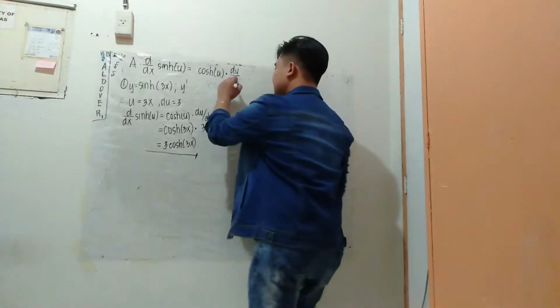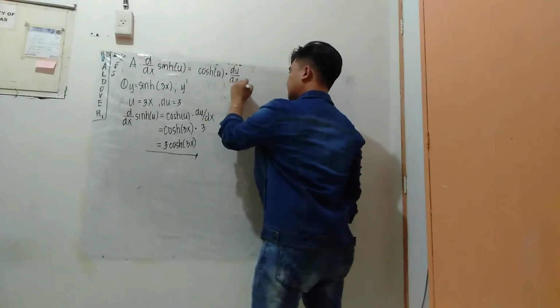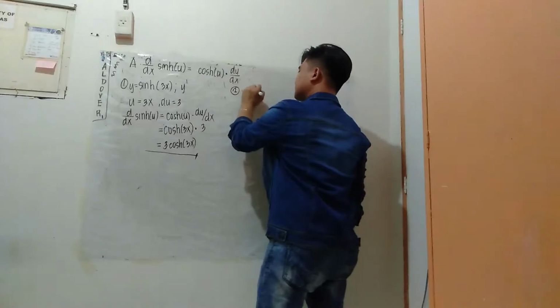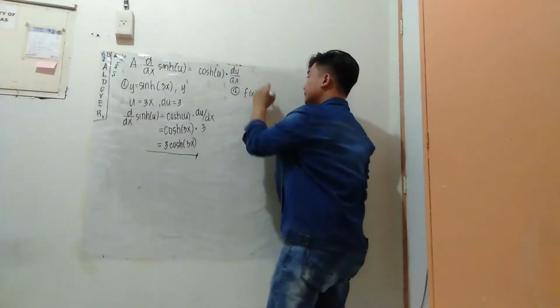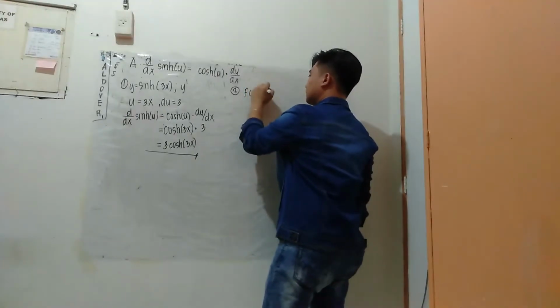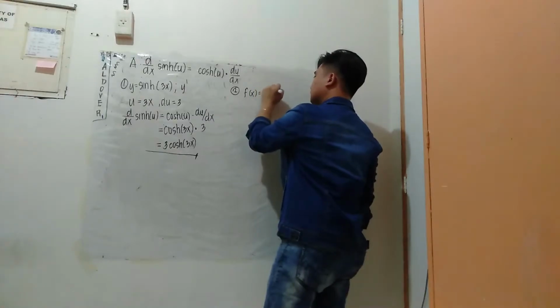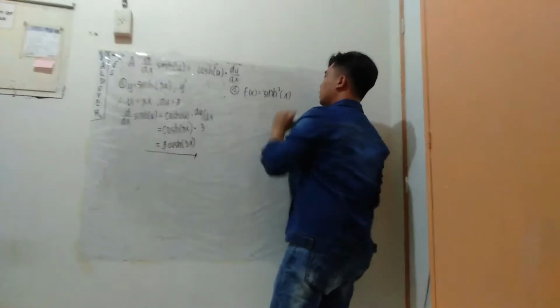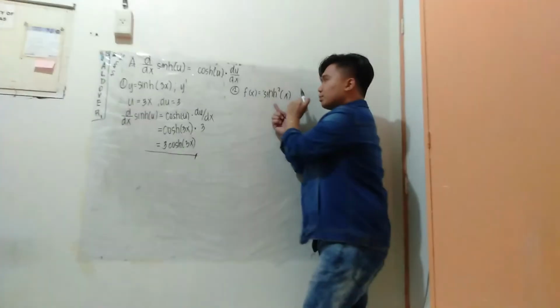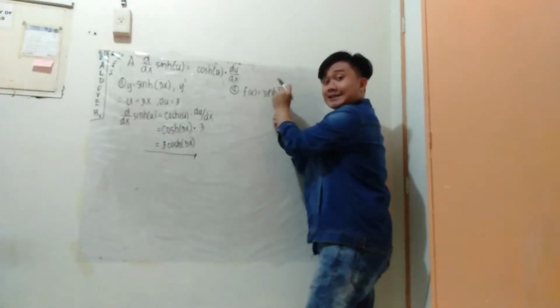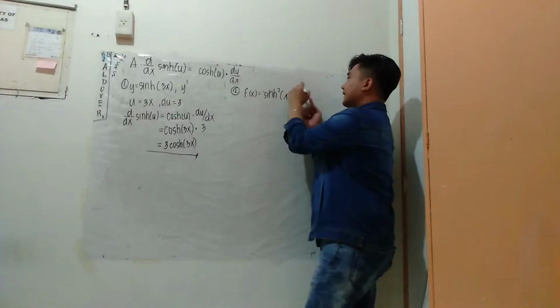How about this example? If f of x is equals to sinh squared of x. So, yung buong function naka-square. Kung i-rewrite natin, ganito siya.